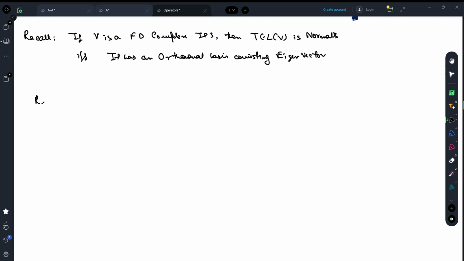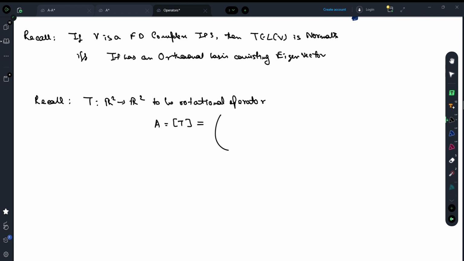So another recall: if I consider T from R2 to R2 to be the rotational operator which rotates via an angle theta between 0 to pi, then the matrix of T with respect to the standard ordered basis of R2 is of the form cos theta, minus sin theta, sin theta, cos theta.